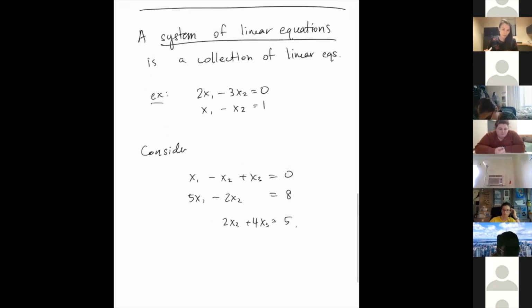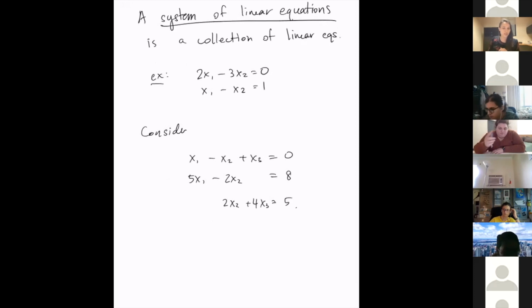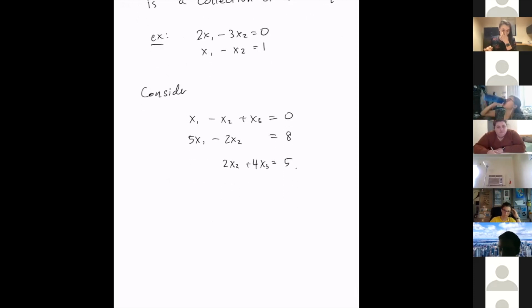We'll come back to this particular example. Actually, we're gonna continue. I'm just gonna tell you that 1, 1.5, and 0.5 is a solution of this system.